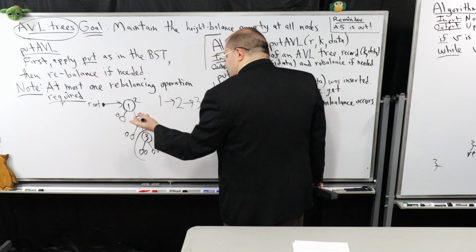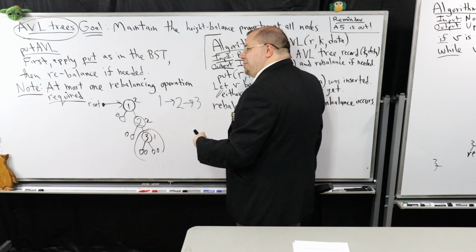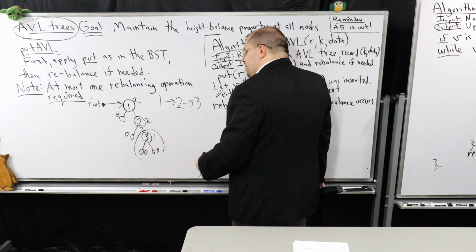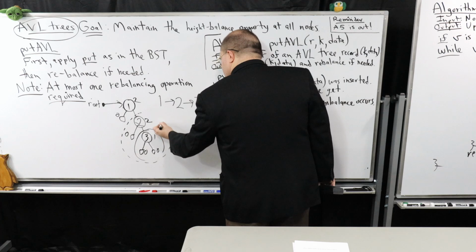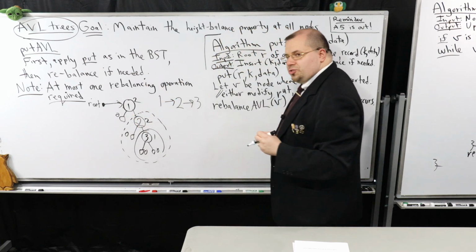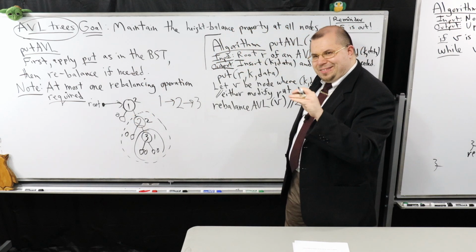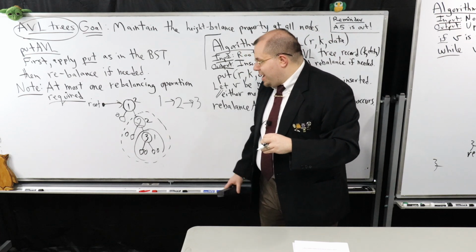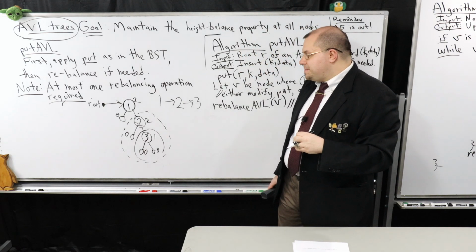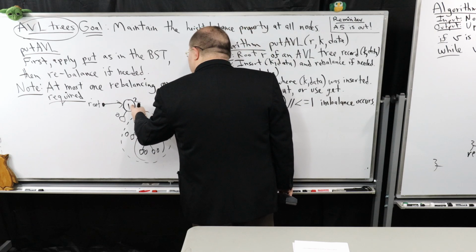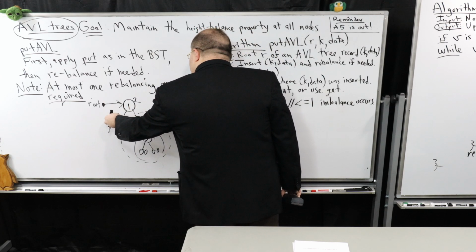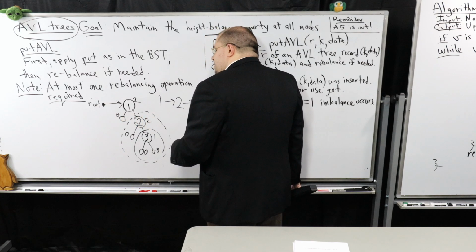If I look at it to the left, every one of the internal nodes has the height balance property here. I'm going to go up 1. This is indeed an AVL tree, right? Except it's an AVL tree rooted at my node with the key 2 in it. But notice that when I attempt to take a look at this node, I look at its left and its right.